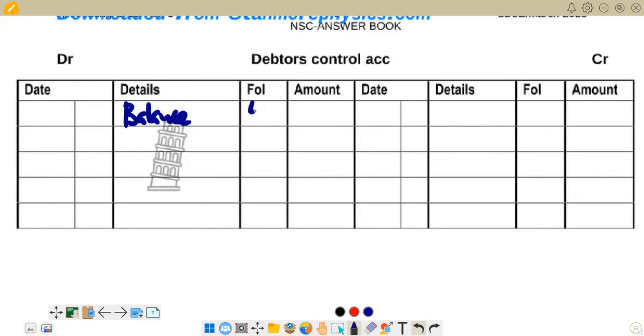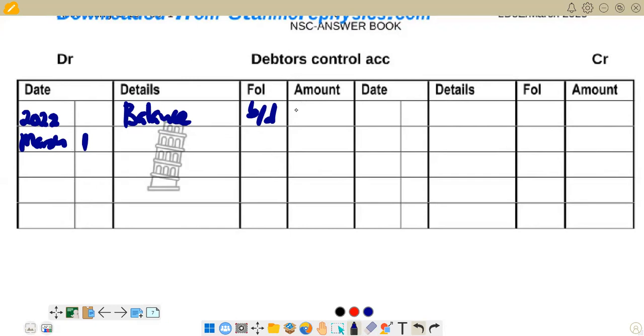Balance, and in our folio here is now our BT, at 2022 March 1. So this is what we have in terms of our opening balances.